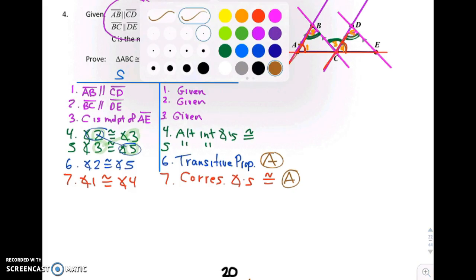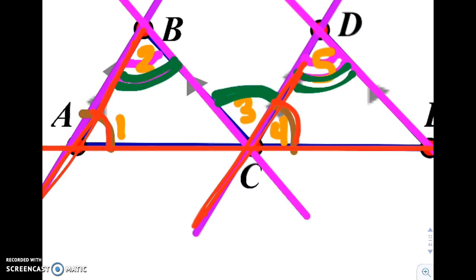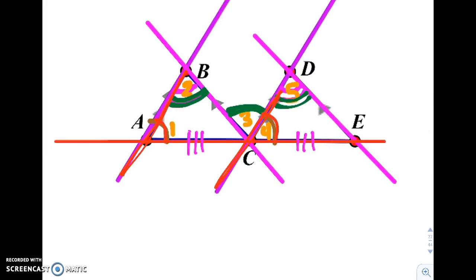We're looking for one more piece. And that's the other piece of given information that we had way up here before. So because C was the midpoint of AE, even though this is somewhat out of order, we haven't talked about line 3 in a long time. If C is the midpoint of AE, that means that that side and that side are congruent.